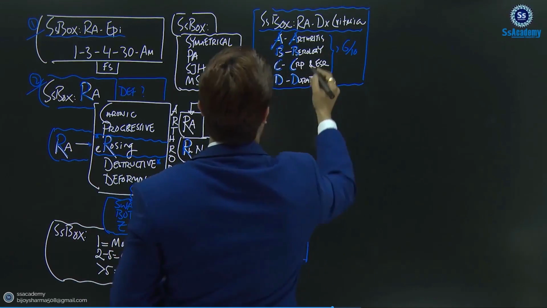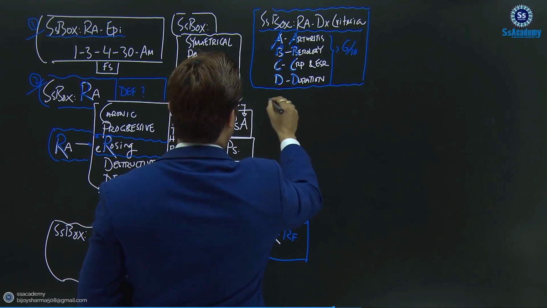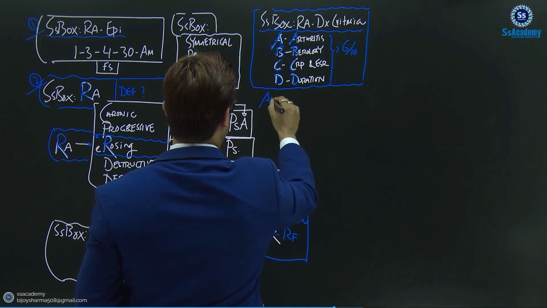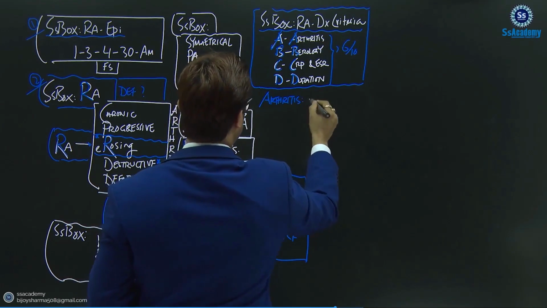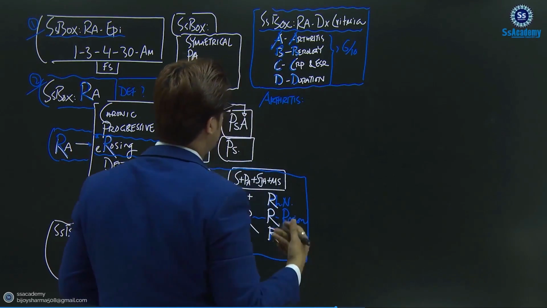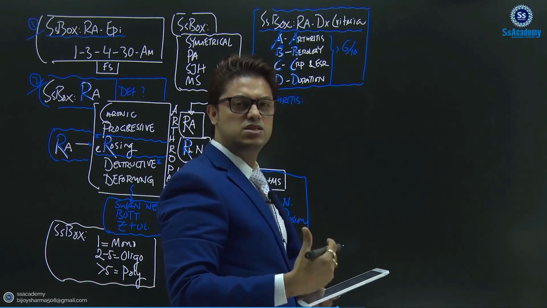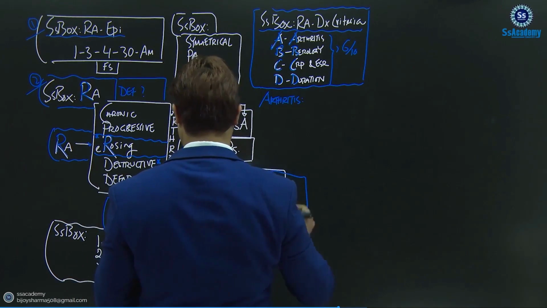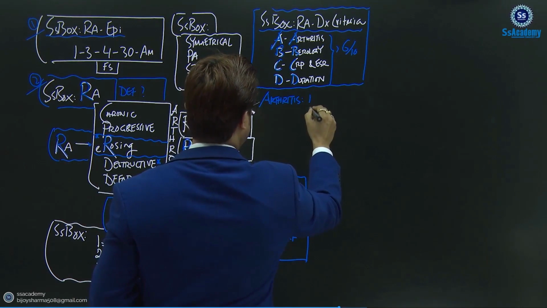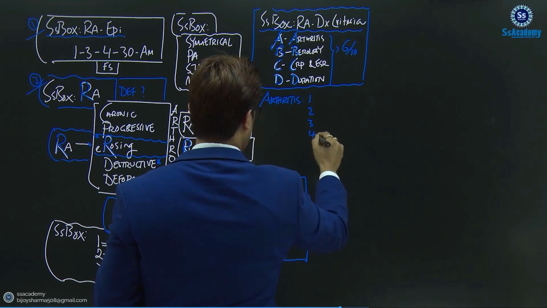And another box for the arthritis that I'm writing is really important. Sometimes whenever the score is really needed, the scenario will be given, so you need to make the scoring, my dear. So for arthritis, if you write down, this is very much important: 1, 2, 3, once again, 4, and 10.